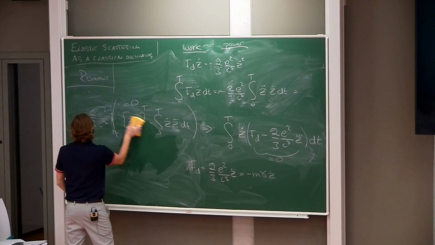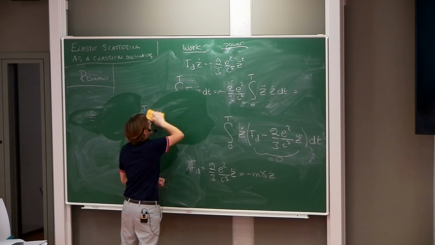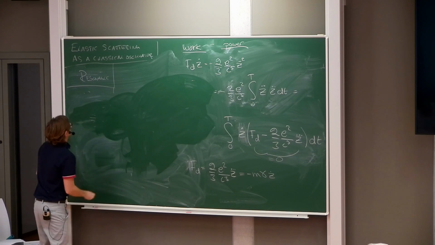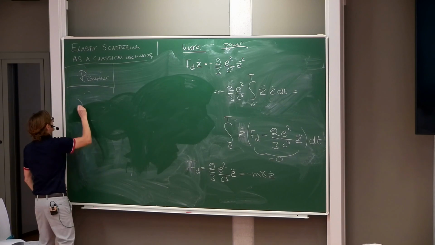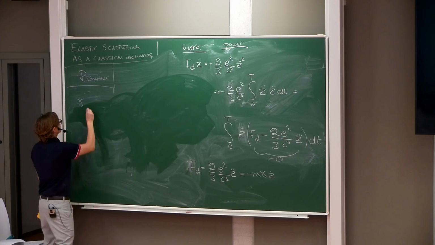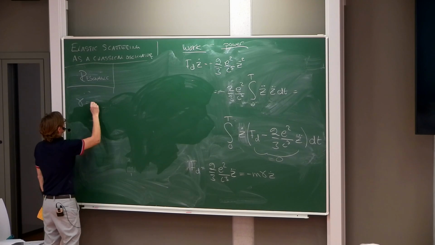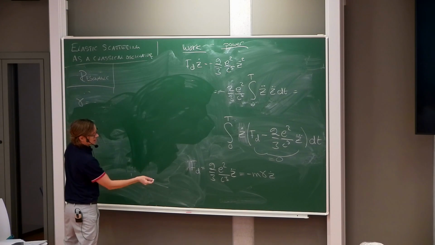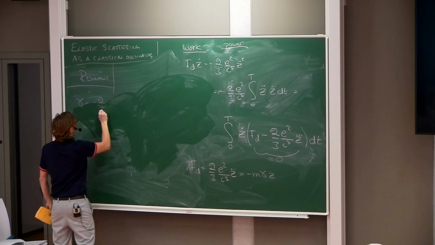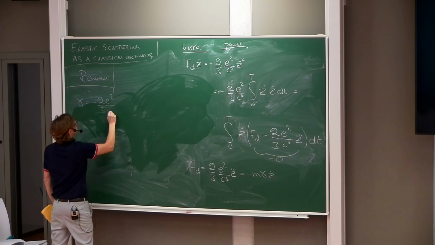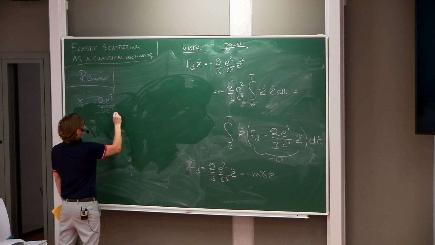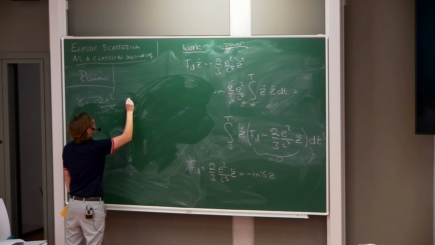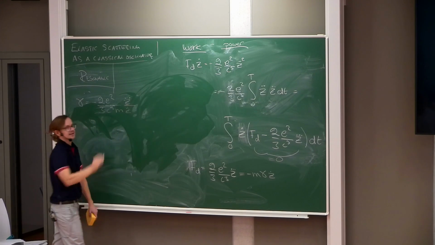So now, of course, we can just write down an expression for gamma as negative 2/3 e squared over c cubed. We're going to have an m coming down, and then we're going to have a c triple dot divided by c dot.